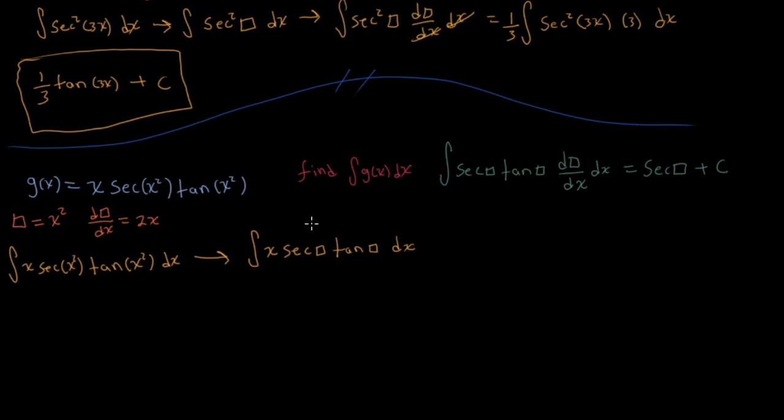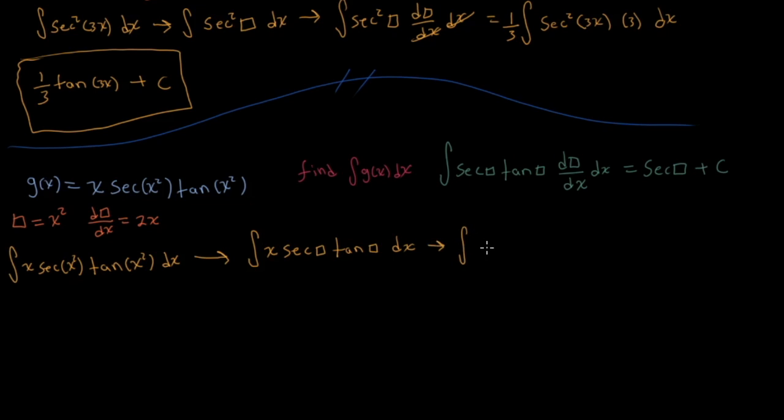Now, we have a slight problem because it's in a dx form. What we want is to be integrating with respect to this placeholder. To make that conversion, we simply multiply this expression by the derivative of that placeholder, d box by dx.